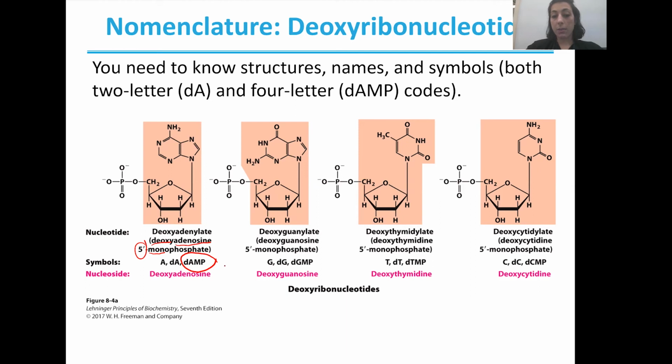Now notice all of these given, A, G, T, and C as examples, are for the deoxyribonucleotides using deoxyribose. I did not include uracil here, and the reason is because uracil will not ever be attached to a deoxyribose because uracil is not found in DNA.